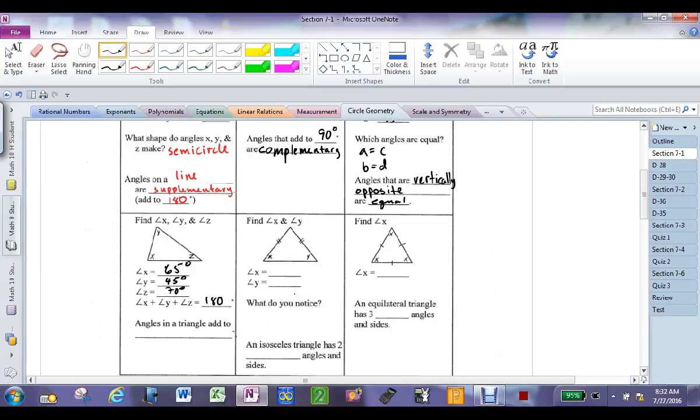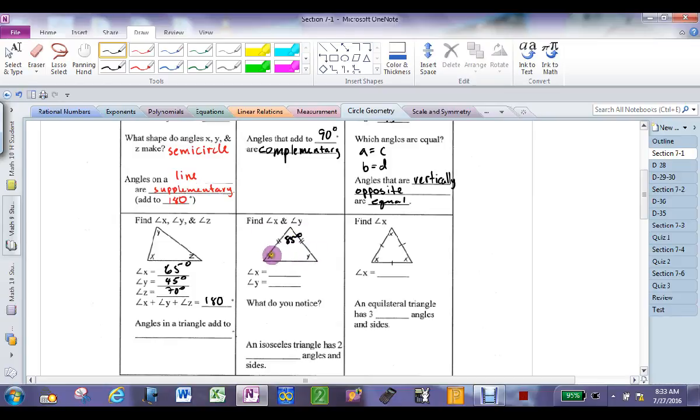The same. Yeah? So, if I tell you that this is 85, do you know how big those two are? Why? Because they're the same, and the triangle has to add up to what? 180.